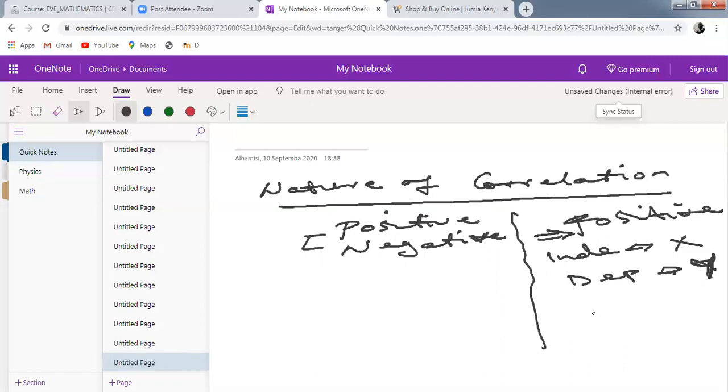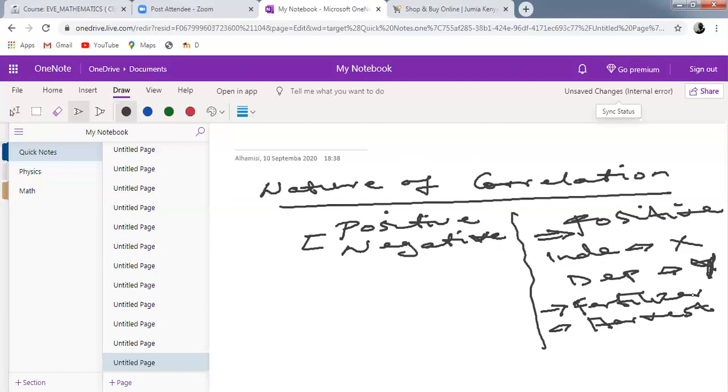So a good example of a positive correlation can exist on things like maybe fertilizer and harvest. You will find a case whereby when we increase the fertilizer, which is actually the input in your farm, you expect the harvest to also increase.